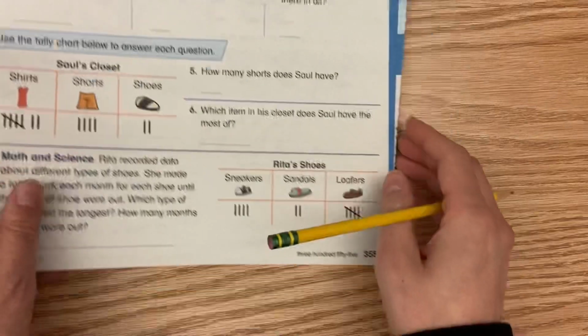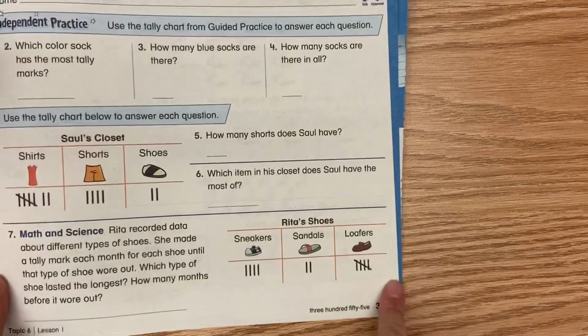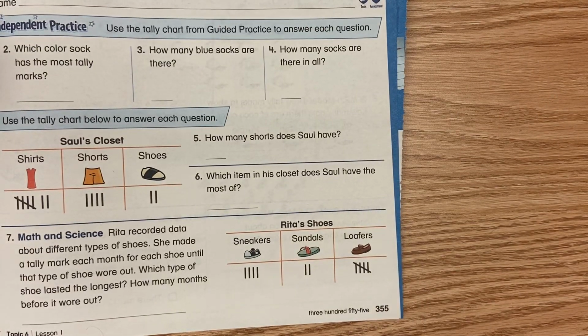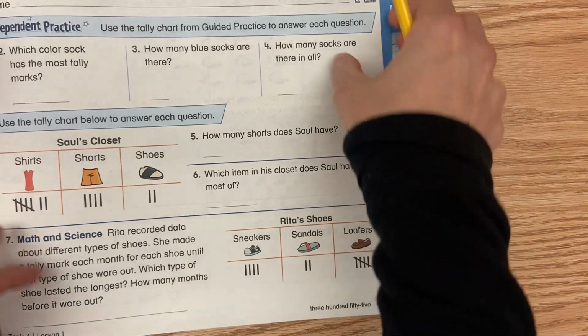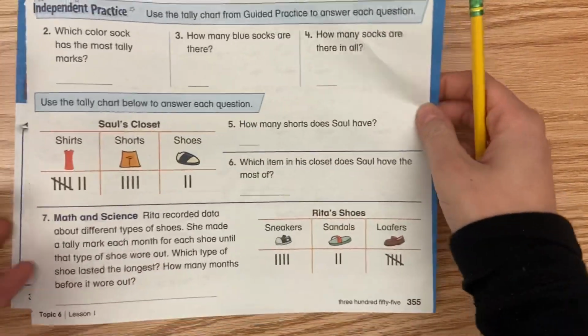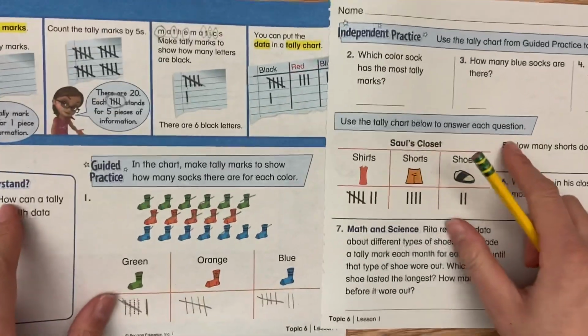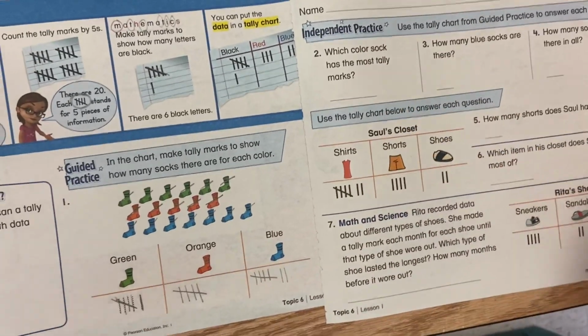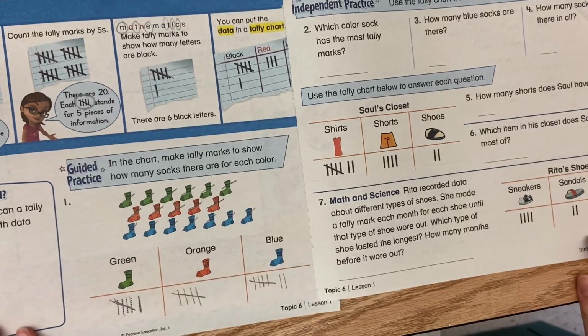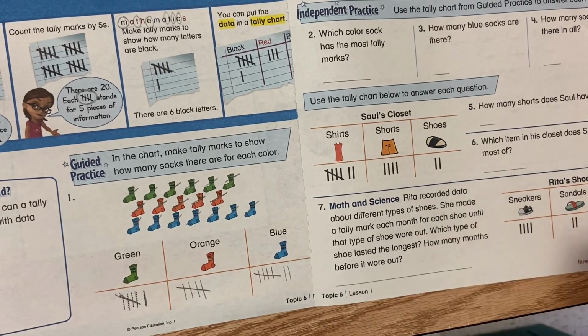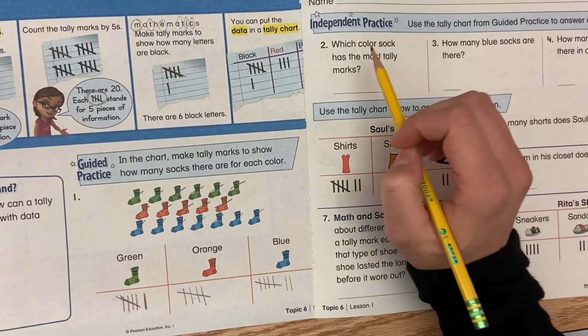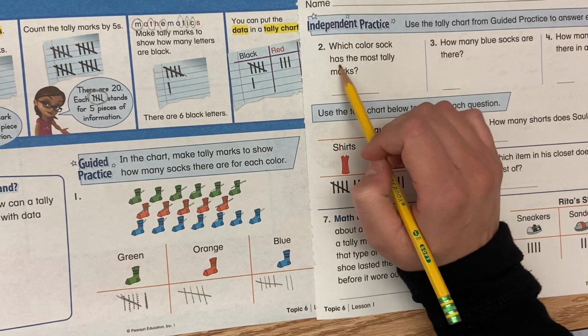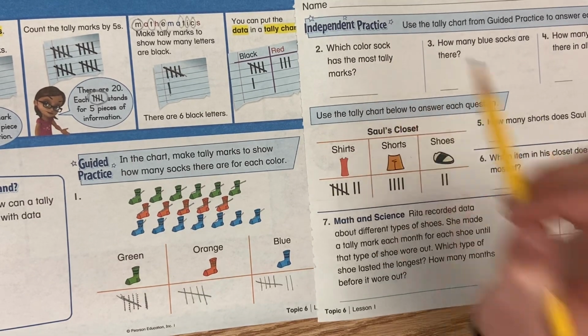You can turn to the next page, page 355. Now what we need is the tally chart from the previous page to answer the questions they have on page 355. It says, which color sock has the most tally marks?